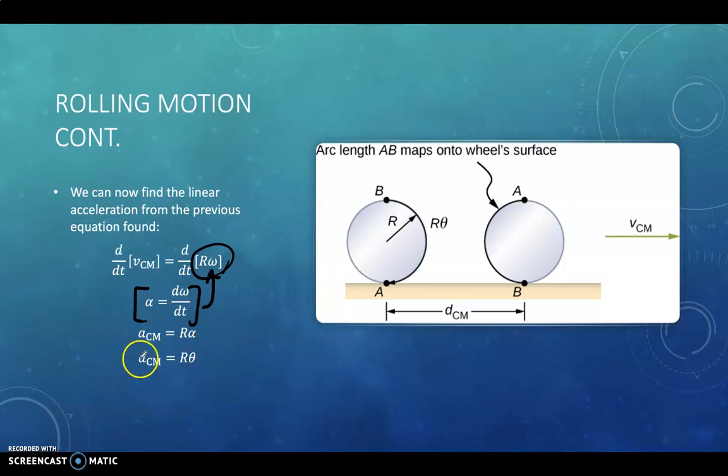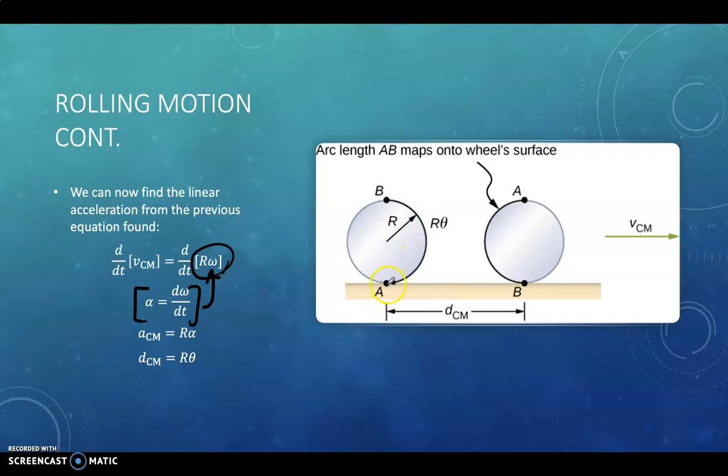Then we can also find the distance to the center of mass, and that is going to be equal to r times theta. Or I'm sorry, this is going to be the distance traveled, or the displacement. This is equal to the amount of angle that this wheel has covered.